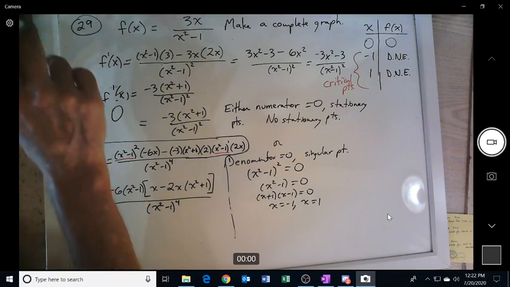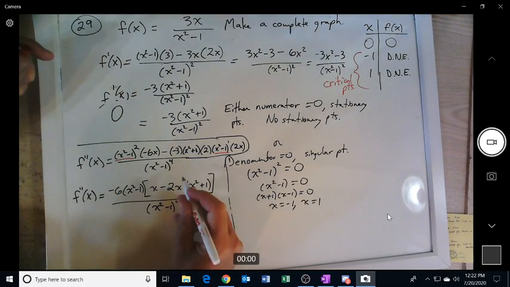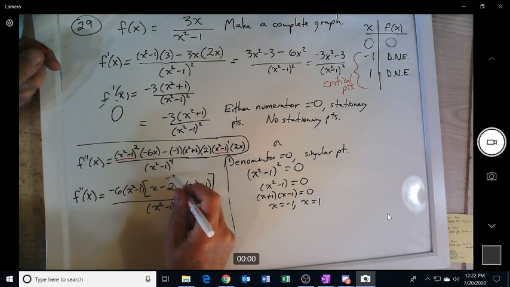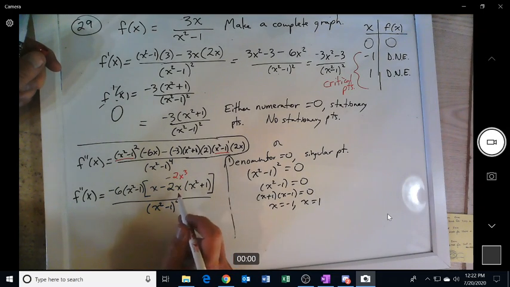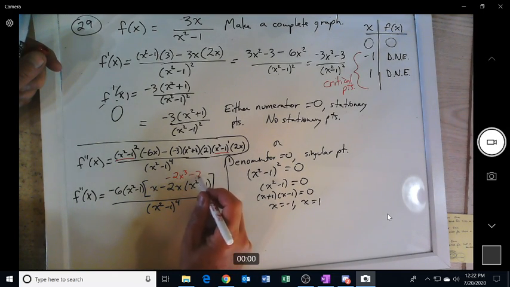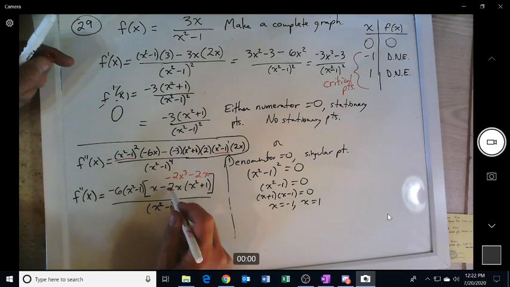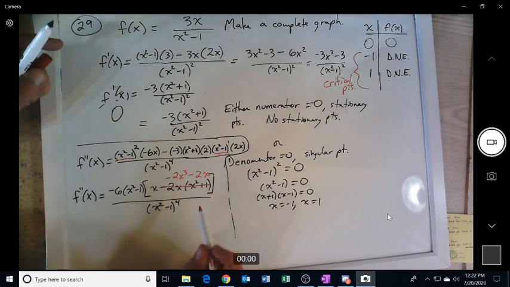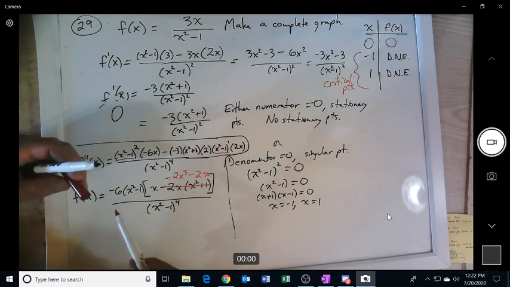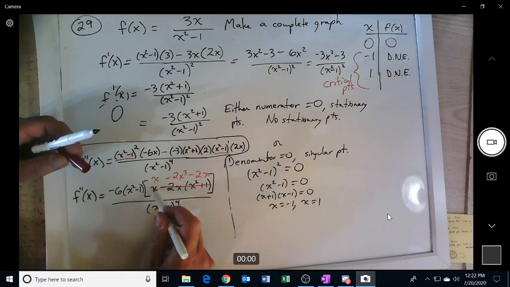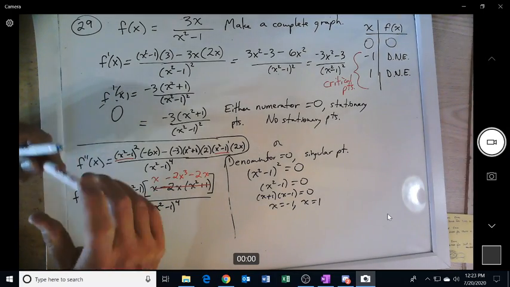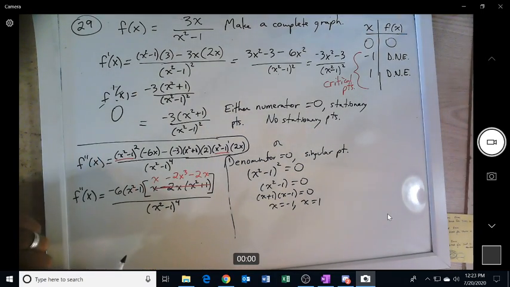When you FOIL this, it's minus 2x cubed minus 2x, so it's going to be x minus all that.